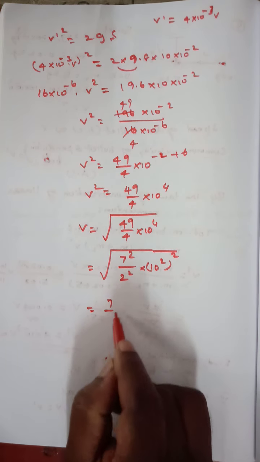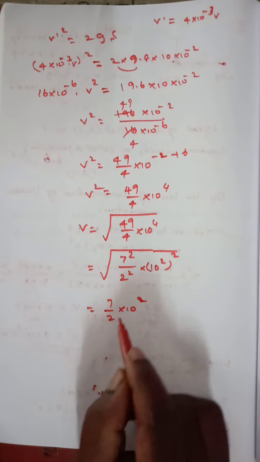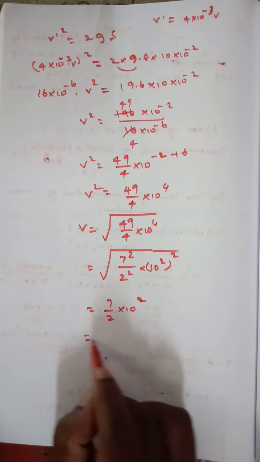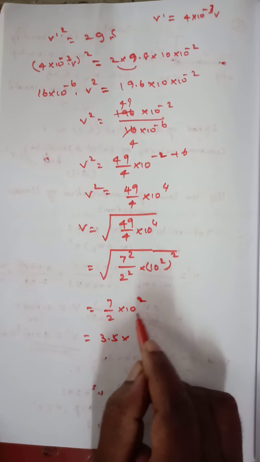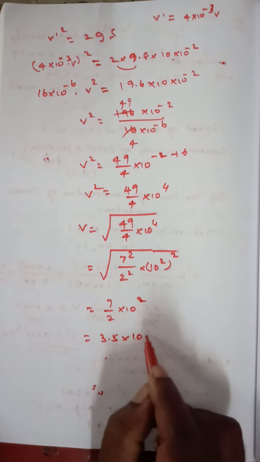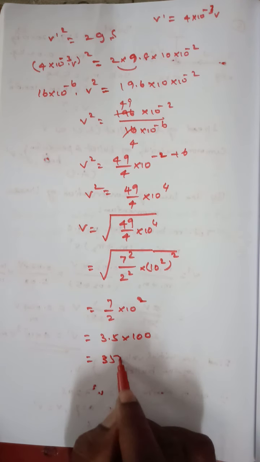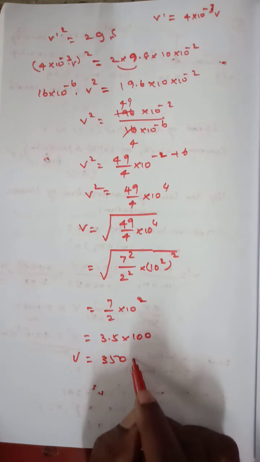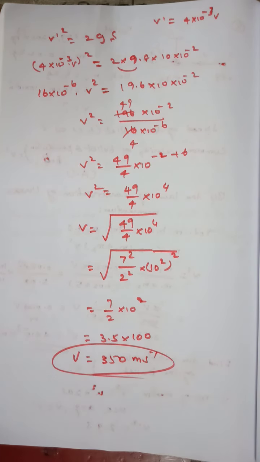We get 7 by 2 into 10 power 2. 7 by 2 is 3.5, and 10 power 2 is 100, so multiplying, we get 350. So this is v, 350 meters per second, that is the speed of the bullet.